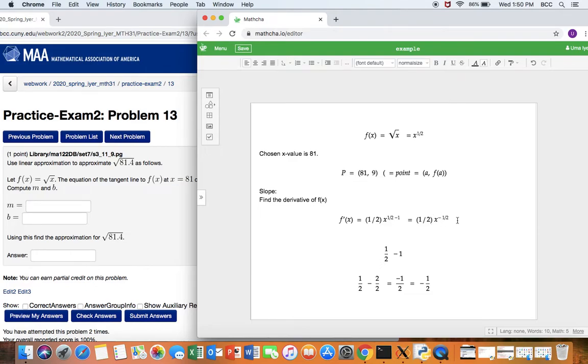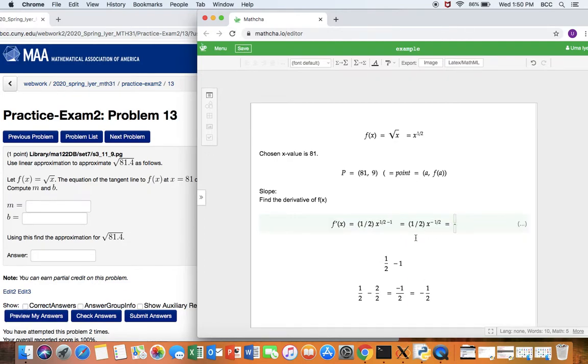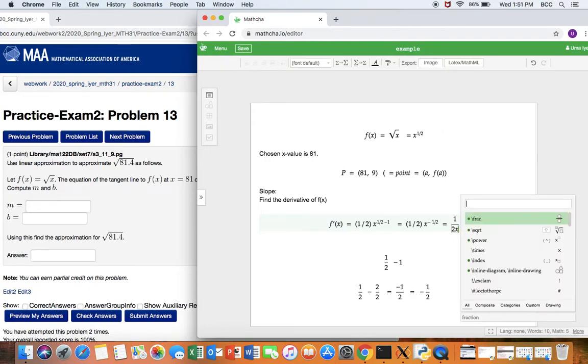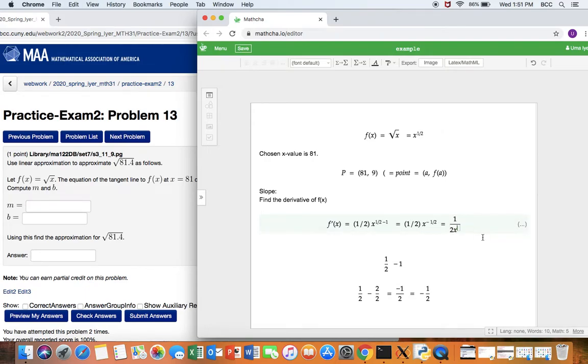All right, so let me continue the derivative here. So this is equal, let me write it as a fraction. There is a 1 upstairs, there is a 2 downstairs. You understand? That is the 1/2. Now what happens to the x to the negative half? It goes to the other side and becomes x to the positive half.